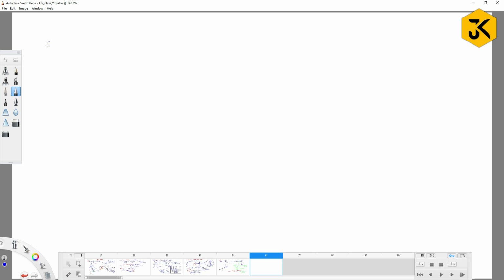So generally we have two types of memories. One is primary memory, another one is secondary memory, guys. In primary memory, things like RAM, cache, registers and ROM come under primary memory.